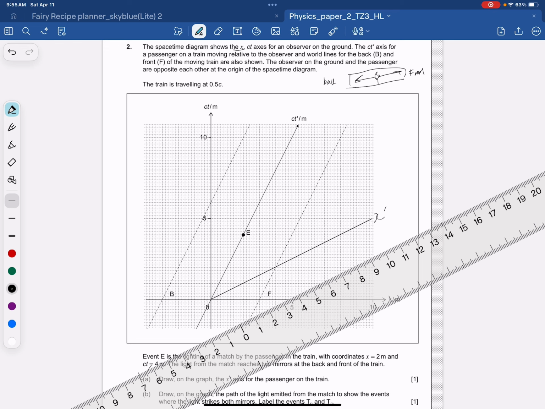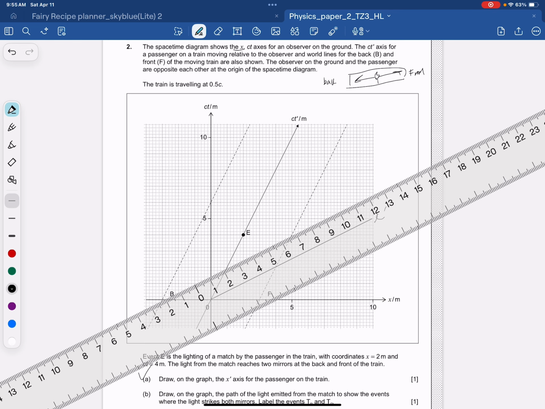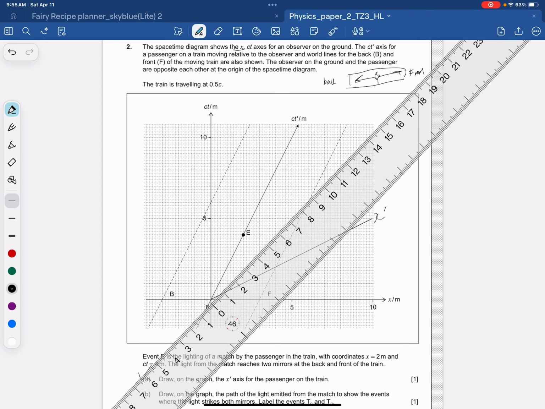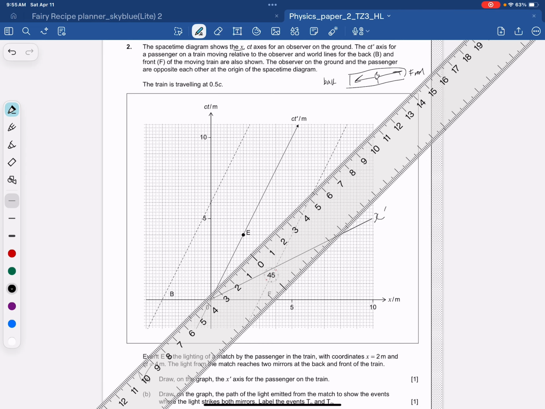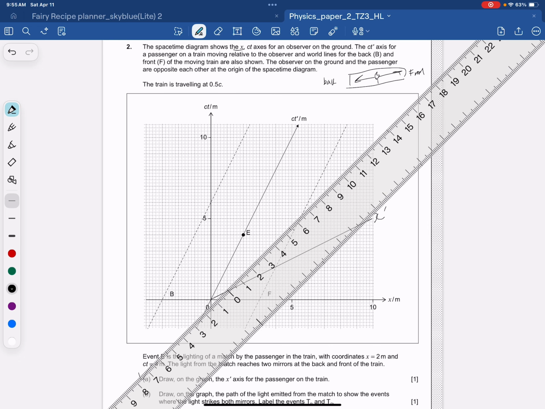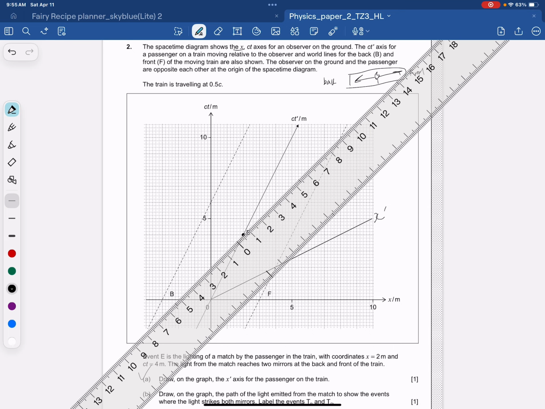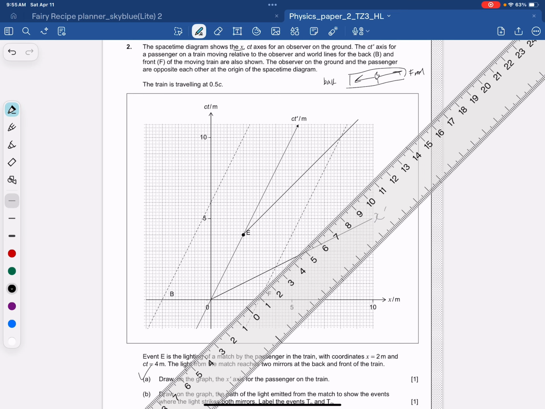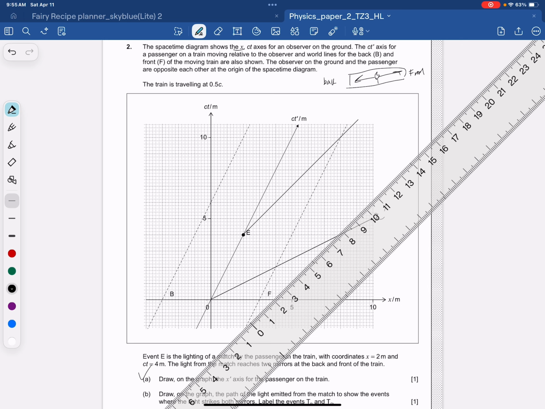We need two. We know that the light world line has to be 45 degrees from the CT axis, so I'm going to set my ruler to 45 degrees. The light is being emitted from the event, not the origin, so I'm going to shift my ruler here and draw a 45 degree line from the event. That's the world line of the light that's moving to the front of the train.